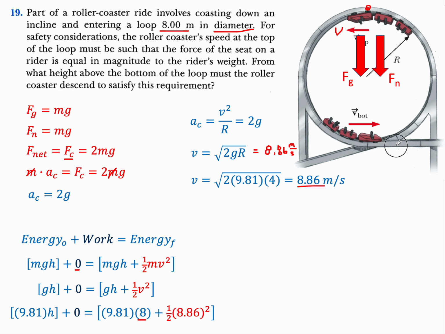We're setting h equals 0 right here. And the velocity is 8.86 from right up above. And I'm going to use 9.81 for gravity. You could use 10. We can figure out the height. If you do that, you'll discover that the hill needs to be 12 meters above the bottom of the loop.